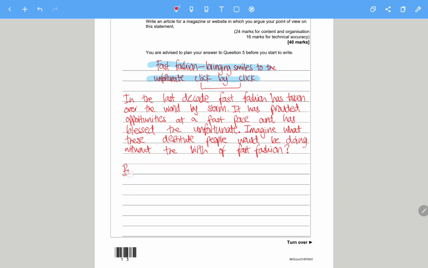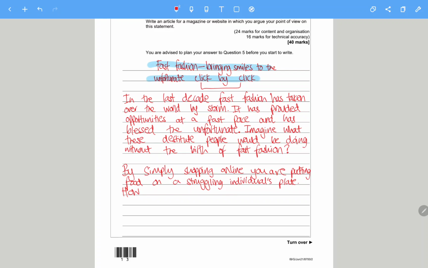For example, I could begin by saying, by simply shopping online, you are, so direct address, you are putting food on a struggling individual's plate. Full stop. How does it feel?